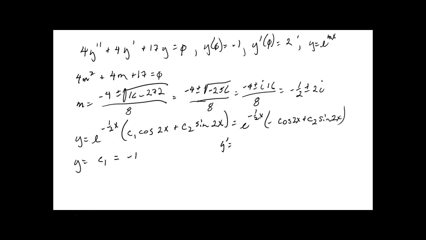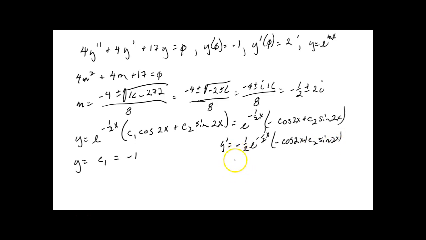We're going to do the derivative, the chain rule technically. So negative 1/2 e to the minus 1/2 x times that minus cosine 2x plus C2 sine 2x.